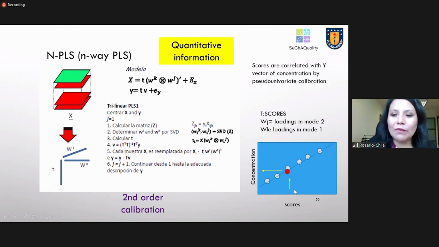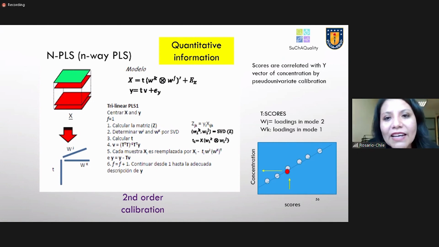So if I have a new sample, I will submit this sample to PARAFAC. I will have the score value. With this score value, I look in this equation, and I can calculate the real concentration of this new sample. And maybe I can obtain the second order advantage.